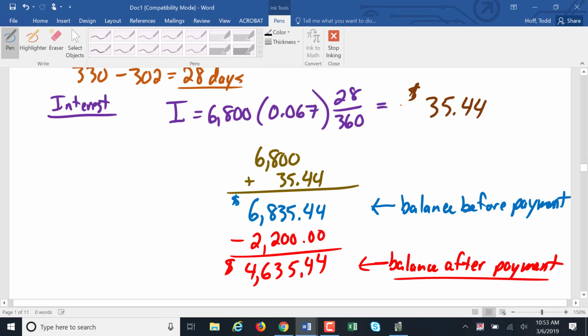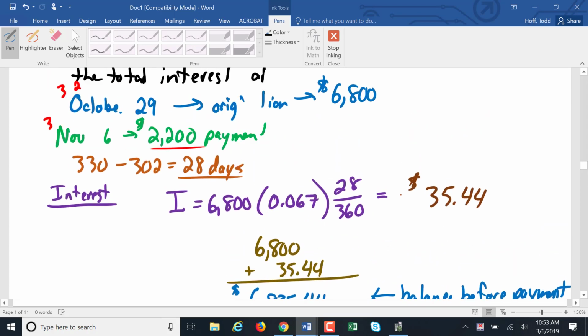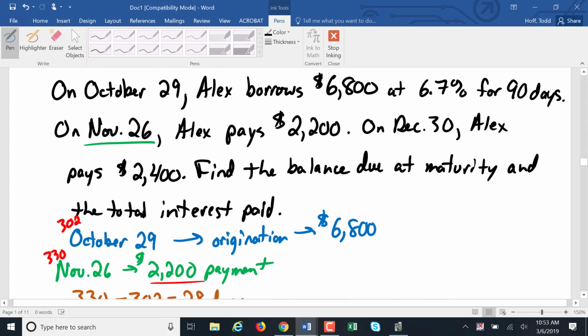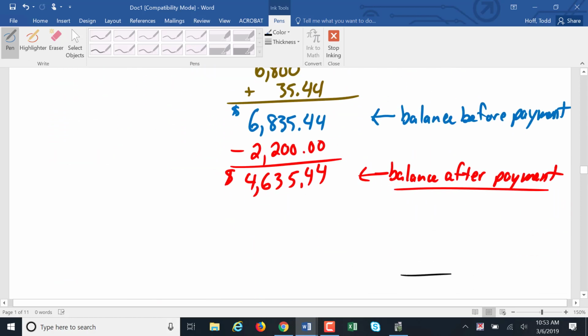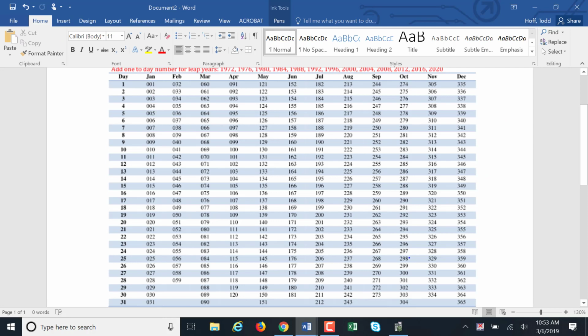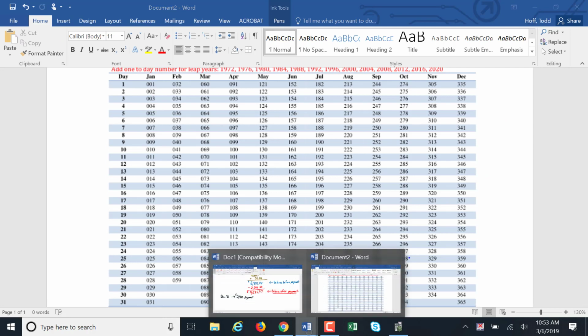Now our next action is on December 30th, and that's a $2,400 payment. So again, we need to look up the number of days for December 30th, which is 364.